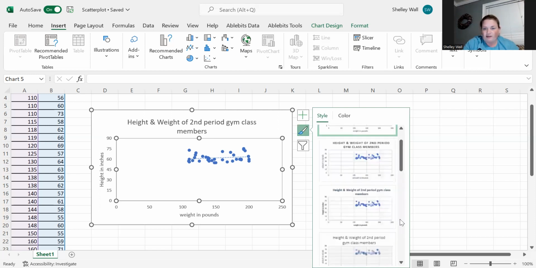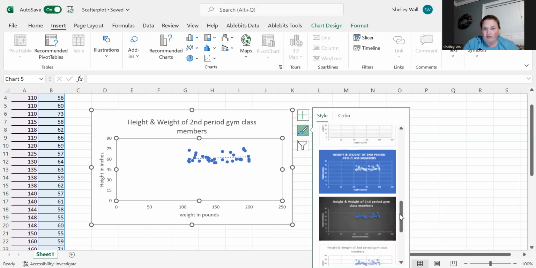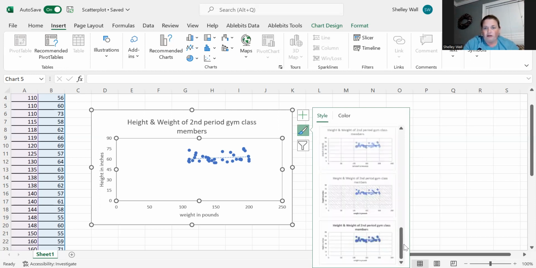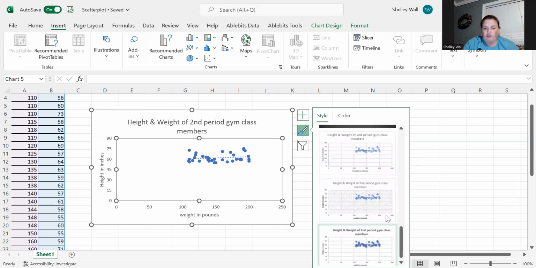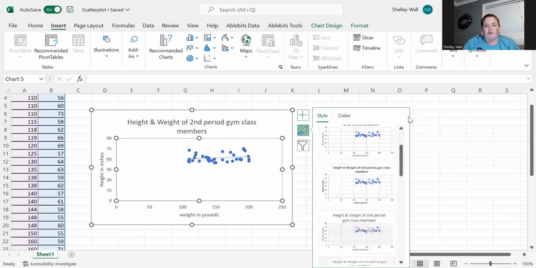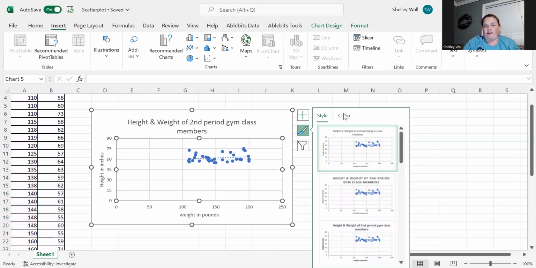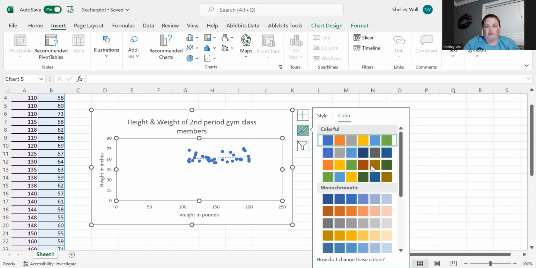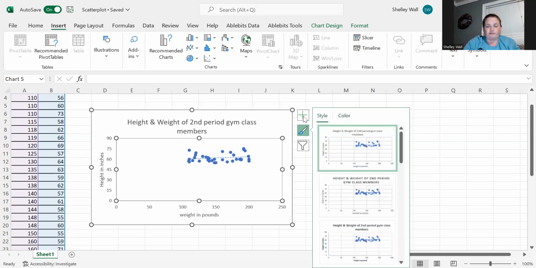You can have dots like I do, or you can have the open bubbles as you see in this blue one. You will notice you can do different types of grid lines. So for this particular chart, there were 12 different options. We just went with the basic standard one. And I clicked on this color, you could see you could pick various sets of colors. We're just going to use the standard.